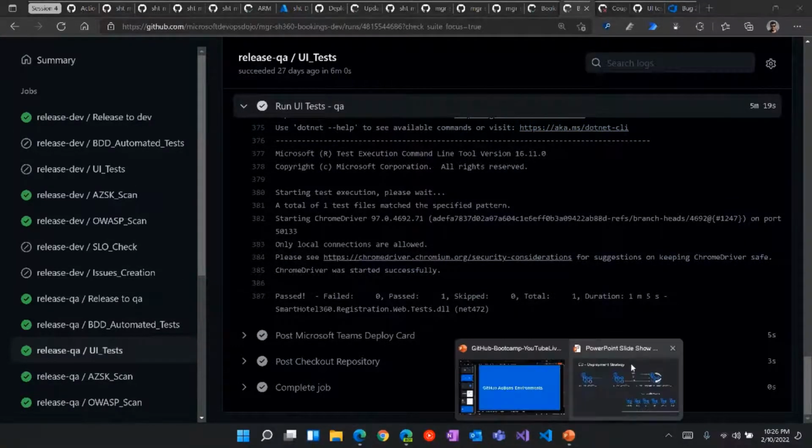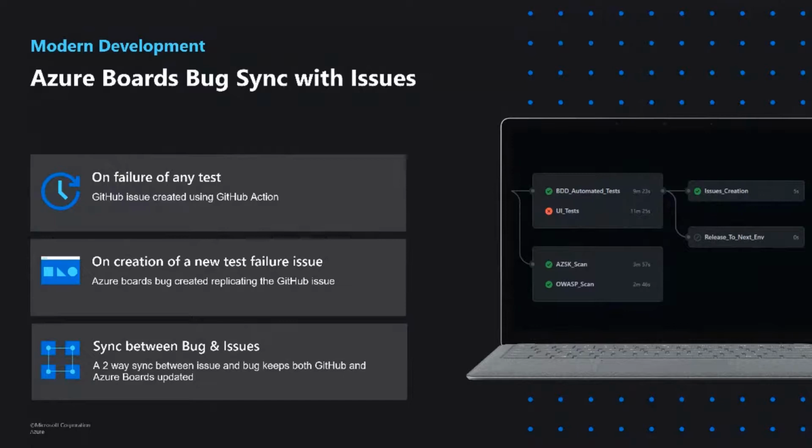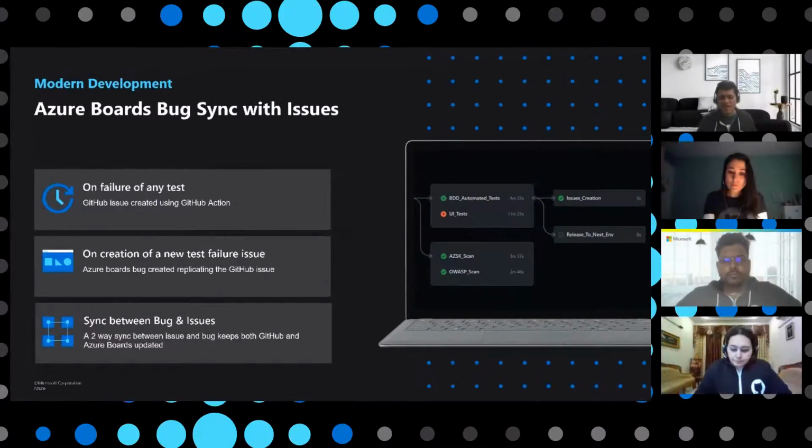Now say that any of our tests fail. So we have to have a way to actually see all the results of the failed test, right?